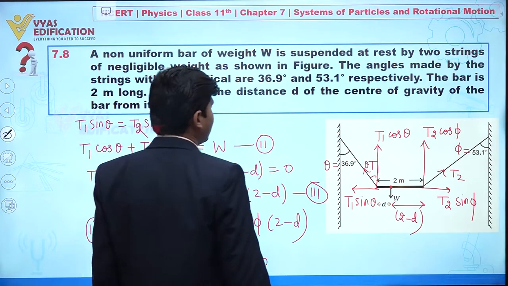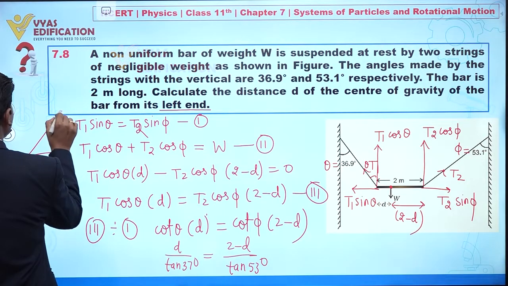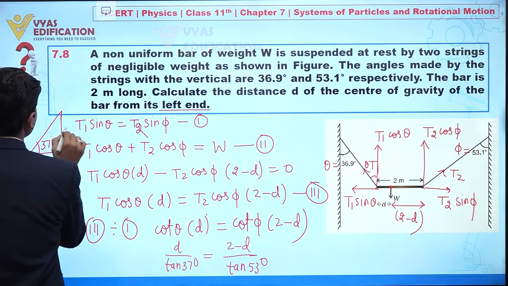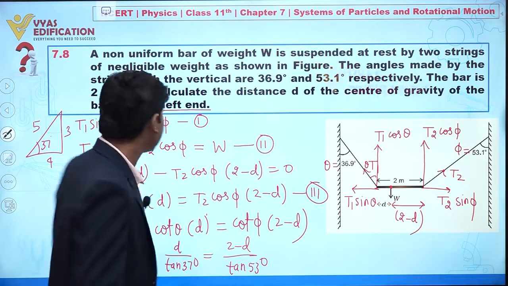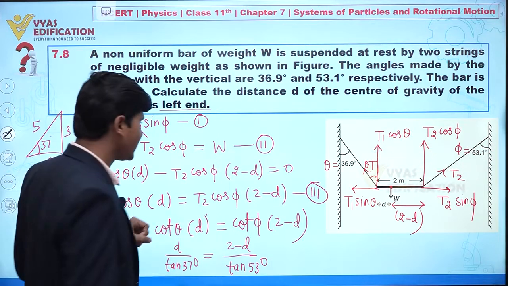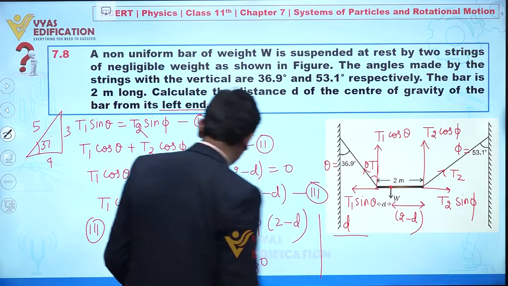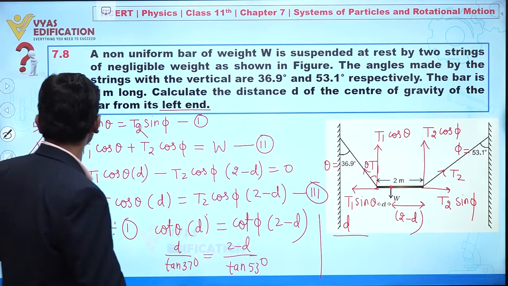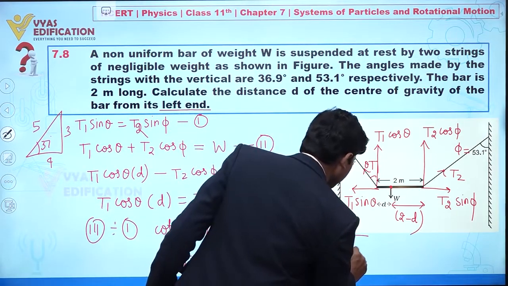Clear? So if we talk about the right angle triangle, this one is 37, with sides 3, 4 and 5. So can we calculate cot 37? Yes. So what is the final value we will get? d divided by cot 37, and cot 37 is 3 by 4.